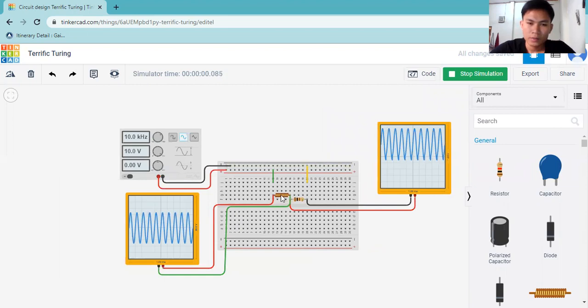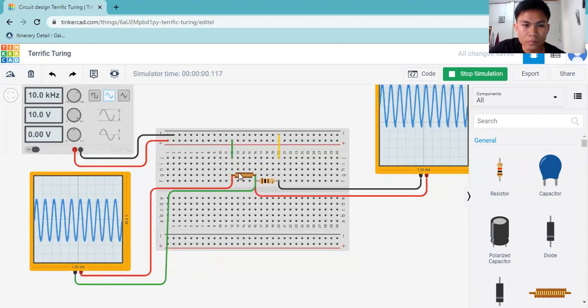Yes, this is the outcome of the measurement from the inductor and capacitor. Here the voltage division is 20 and the time per division is 1 millisecond.